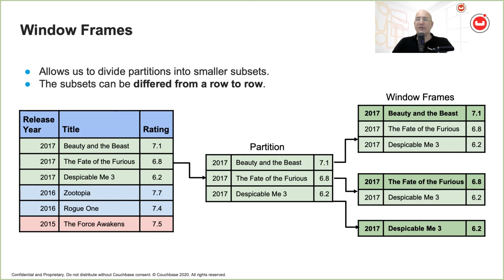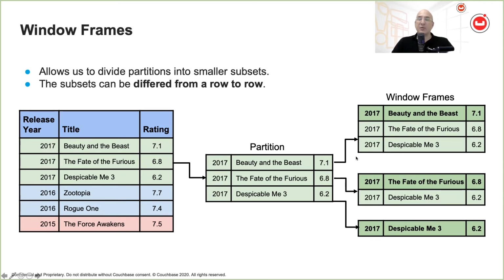To explain how that works, let's examine the document set of the movies on the left here. We partition the movies by their release year. Notice the different colors for each and every year. Let's examine the first partition, year 2017. For the first movie, we can select all the movies from that first movie and downwards in the list.